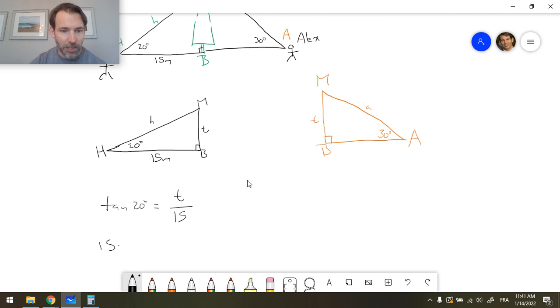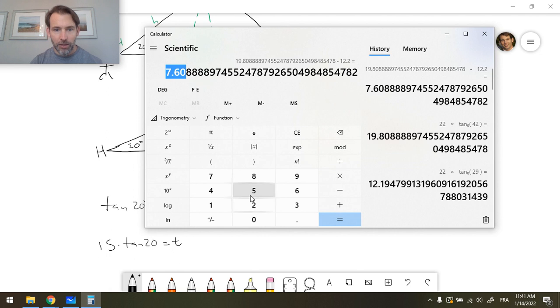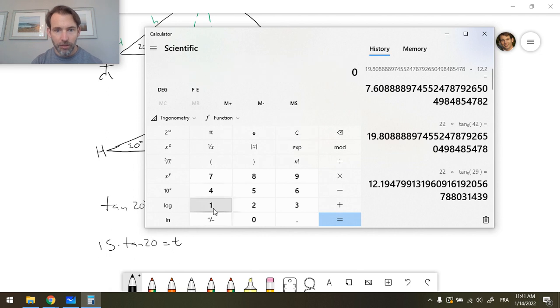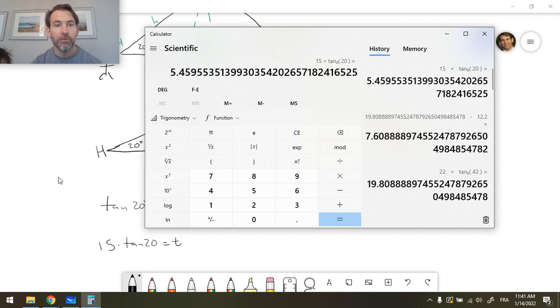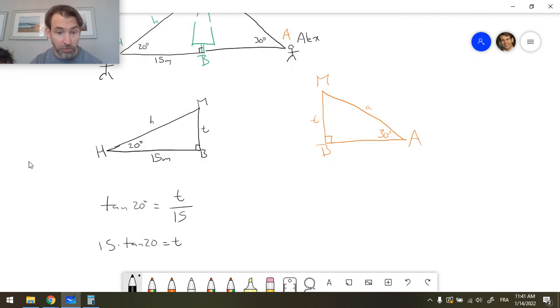So 15 times tan 20 equals t. 15 times tangent of 20 equals 5.45. So we're going to go with 5.5 meters. Okay, we'll round to one decimal place. That's as much as Hannah needs to get the money.